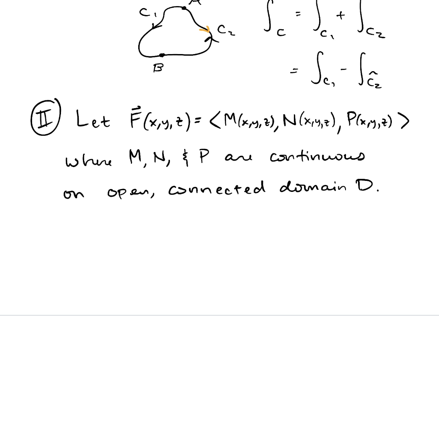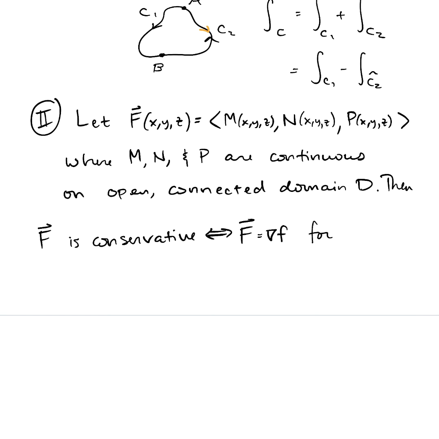All right, here's the statement of the theorem. Then this vector field, big F, is conservative if and only if big F is somebody's gradient.